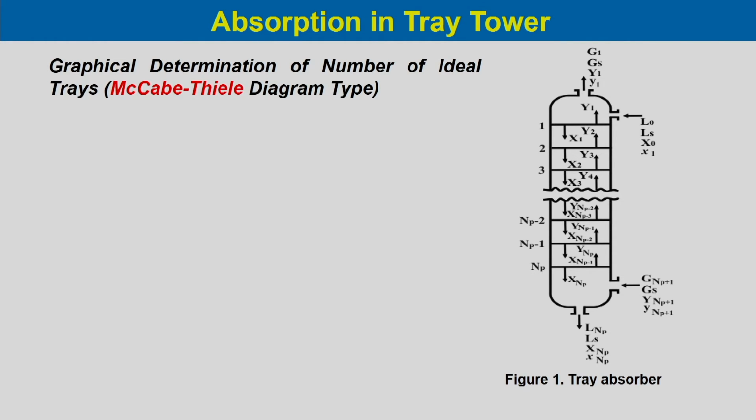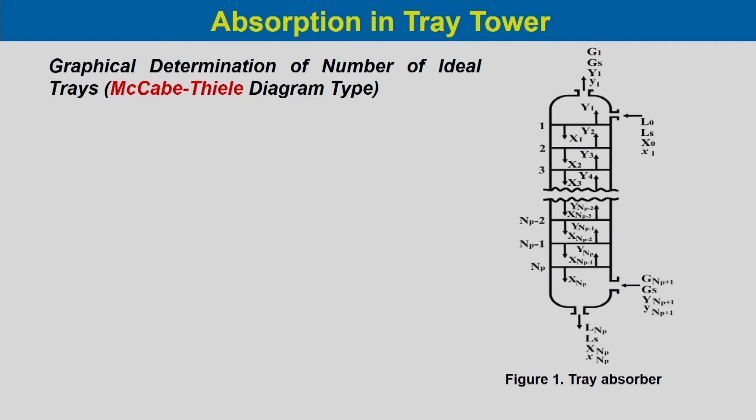So, in a tray absorber, to find out the number of ideal trays, there is a special kind of design procedure which is known as the McCabe-Thiele diagram type. You can see over here the liquid which enters at the top having this composition, and the gas which enters at the bottom in this composition.